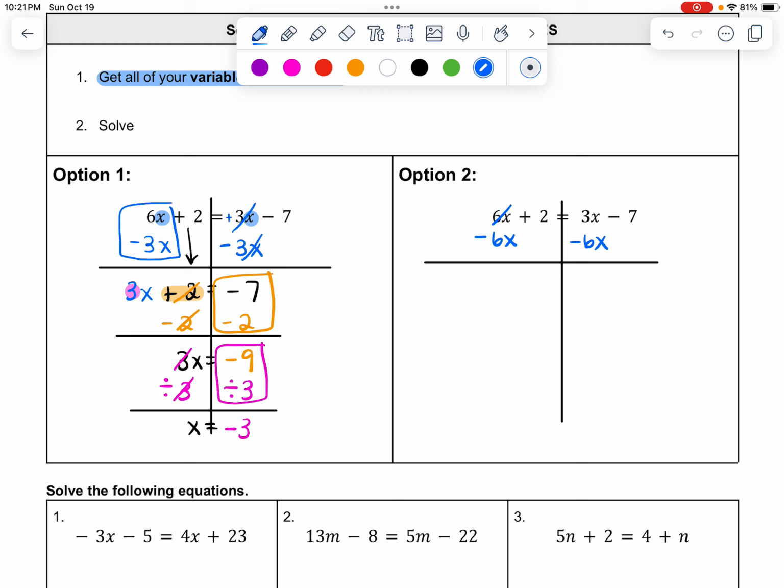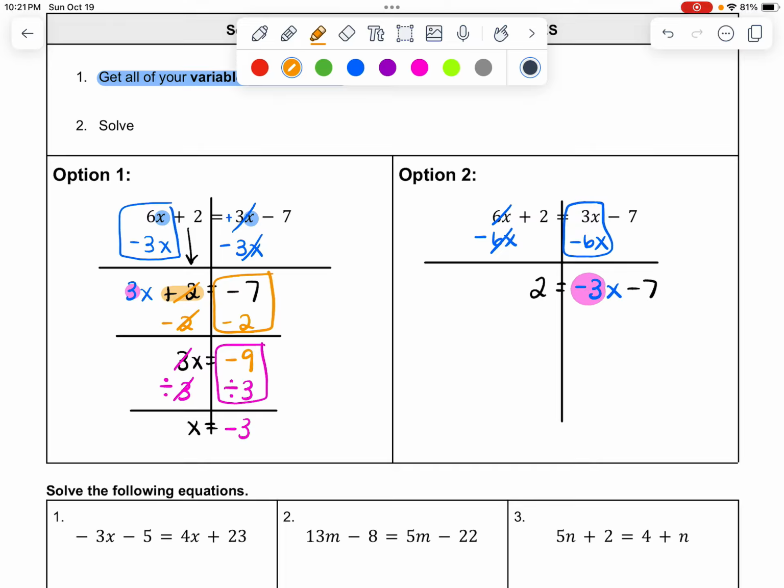In this case, the 6x is going to cancel the 6x, and all that's left on the left side is a 2. On the right side, I'm going to combine the 3x and the minus 6x because those are like terms. They both have x's. And I'm going to get negative 3x, and then I'm just going to copy down my minus 7. Now you'll notice there are still two numbers by x.